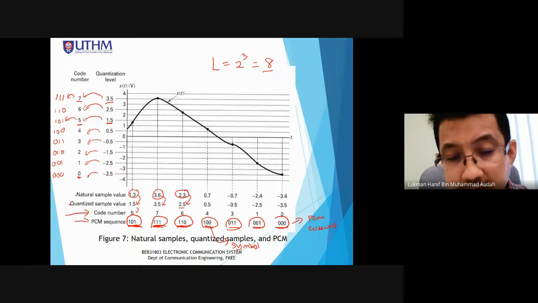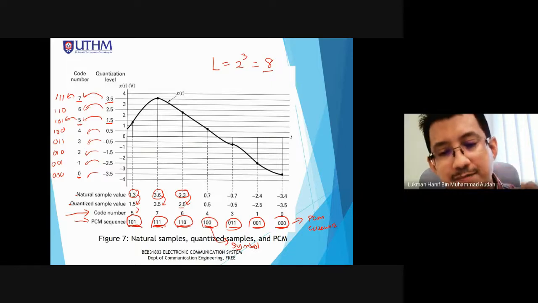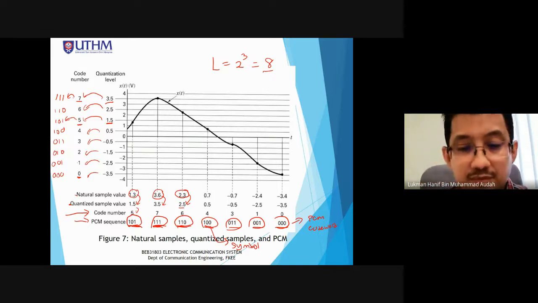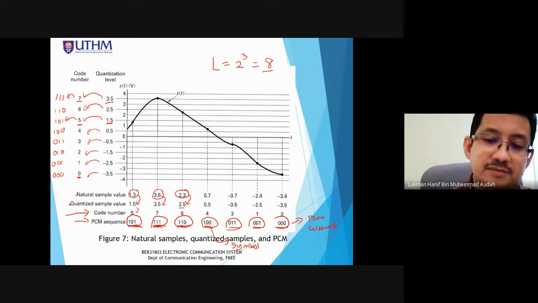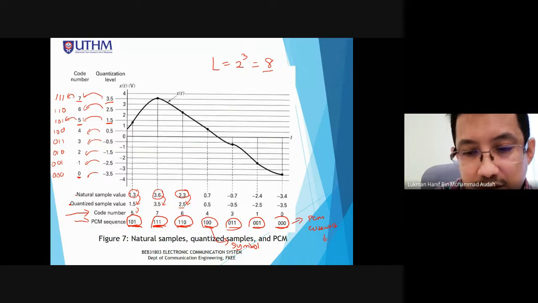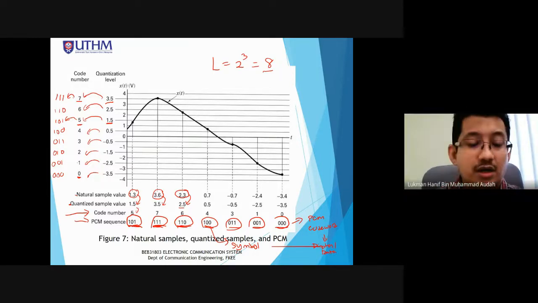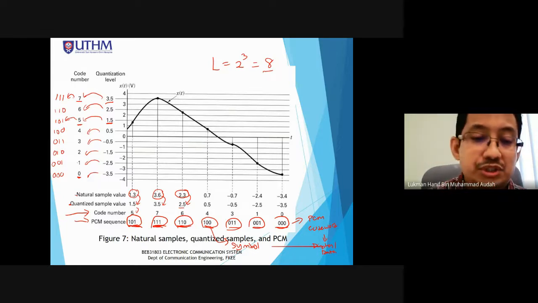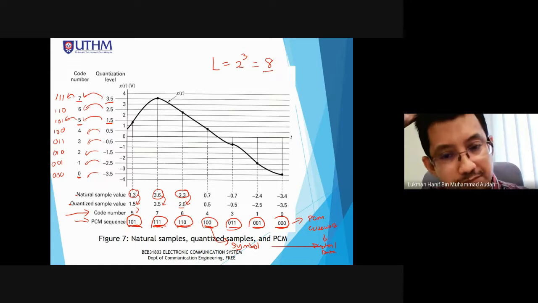Satu symbol ada 3 bit. Dalam example ini, satu symbol 3 bit. And keseluruhan ini kita panggil sebagai PCM code word. Nampak? So PCM code word ini adalah digital data. Okay, dalam sebutan logic number. Logic 1, logic 0, logic 1, logic 0 dan seterusnya.